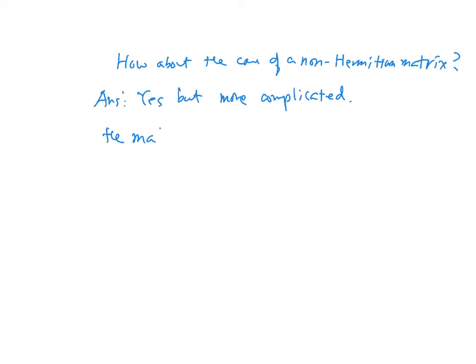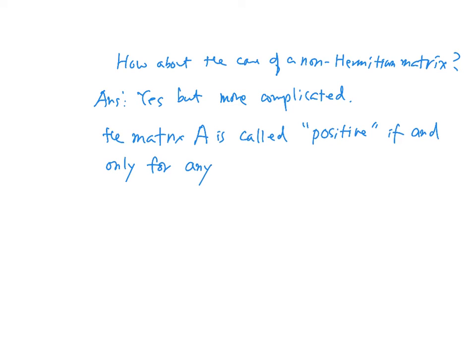The matrix A is called positive if and only if, for any vector v, the inner product of v with A applied to v is positive. This holds for any vector.